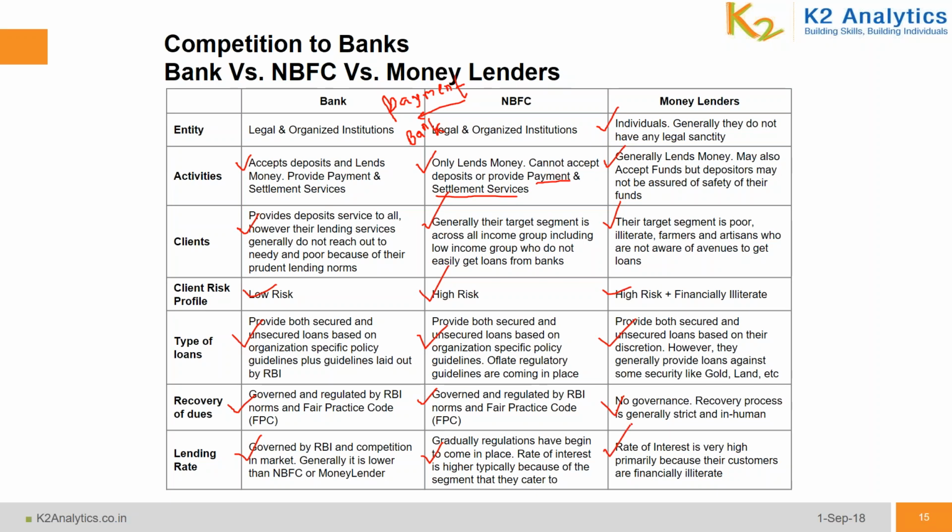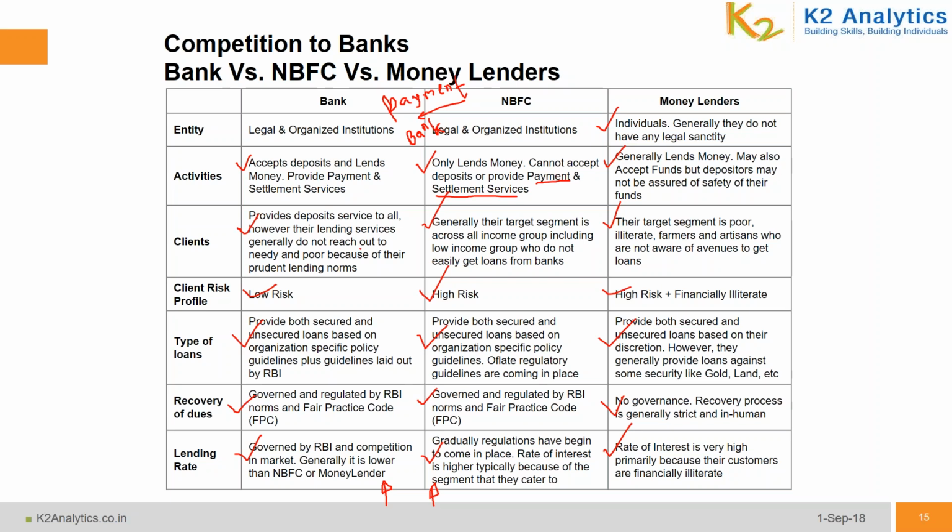Money lenders' rate of interest is extremely high. It can be as high as 50%, 80% also. Now, one good thing to understand is banks get deposits, which means a low cost of funds. NBFCs have to raise deposits through bonds and fixed deposits, when they call on the public to give money as investment in fixed deposits or bonds at a higher rate of interest.